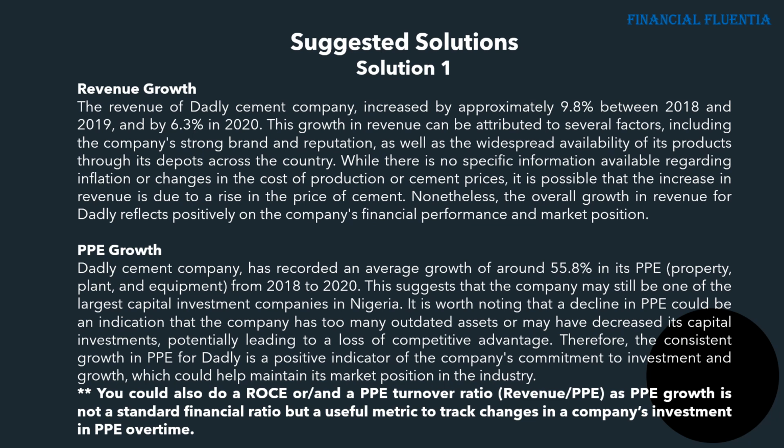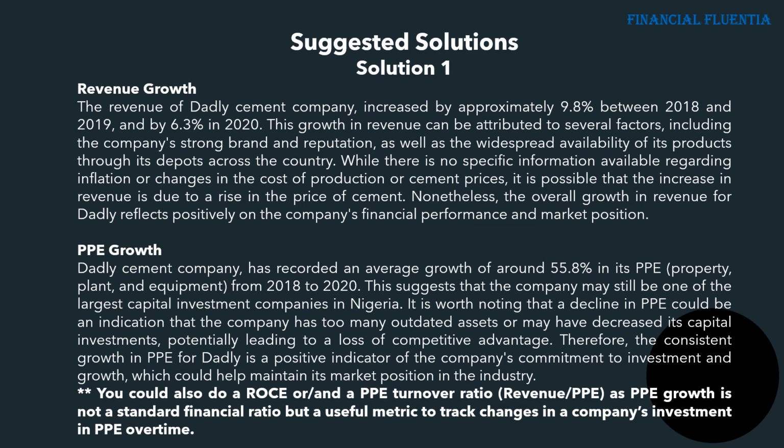The reason why I chose this ratio is because it was said in the precinct that Dudley is the leading capital investment company. If a company is the leading capital investment company, it's telling you that it invests a lot in PPE. So we need to calculate a ratio that is relevant to PPE, to the industry, and to the information provided to us about Dudley.